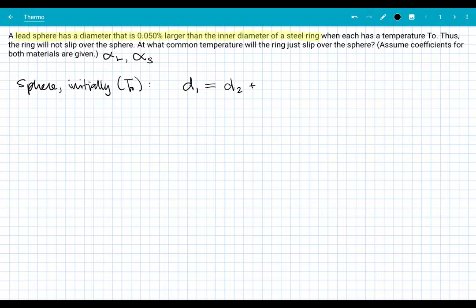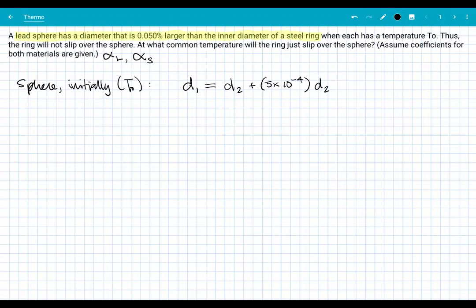Plus how much? Well, plus that 5/100ths of 1%, right? So if we're going to write a percentage as a decimal, if you don't know how to do that, please review that. That's really important to be able to do. I'll do that. 5 times 10 to the negative 4, that's how I would write that percentage as a decimal.